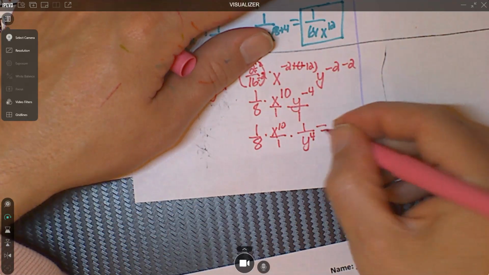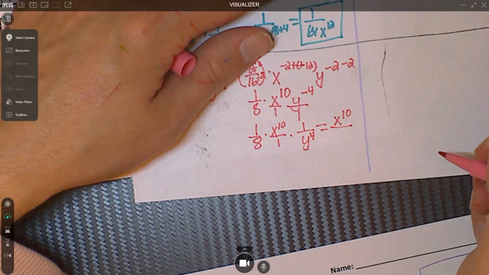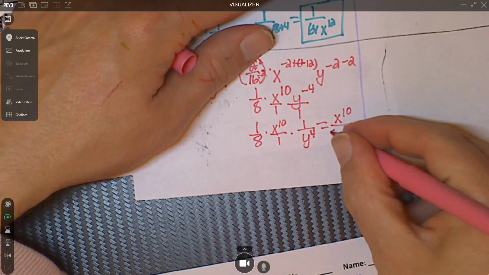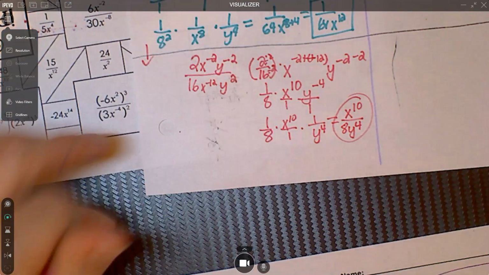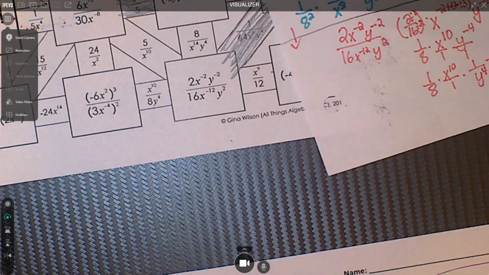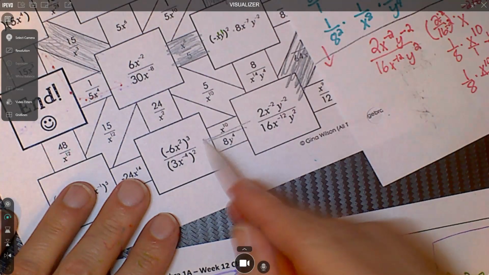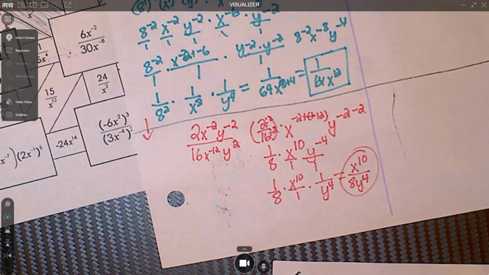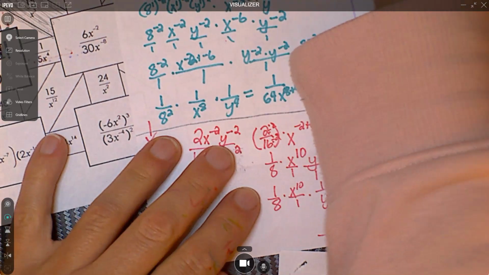And you can see 1 times x to the 10th times 1 is x to the 10th. 8 times 1 is 8. Y to the 4th.